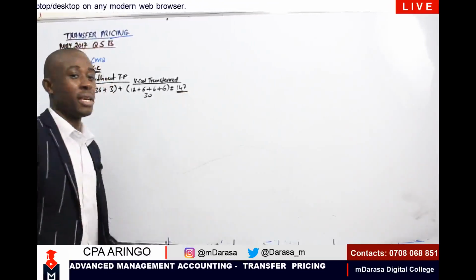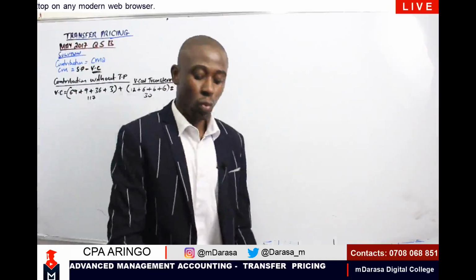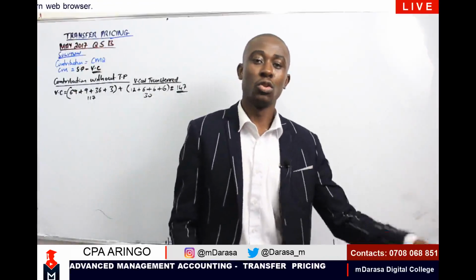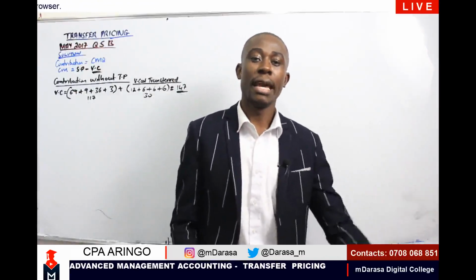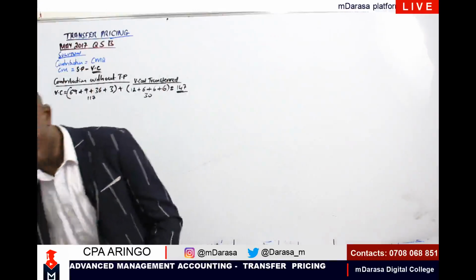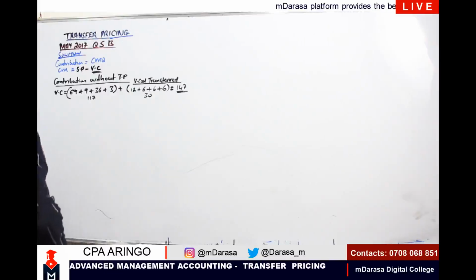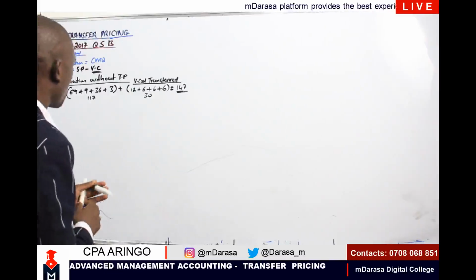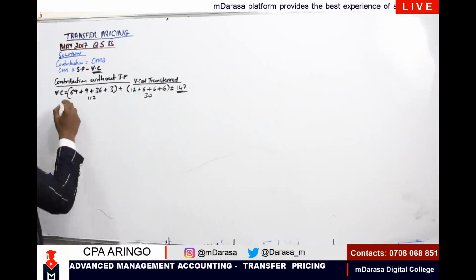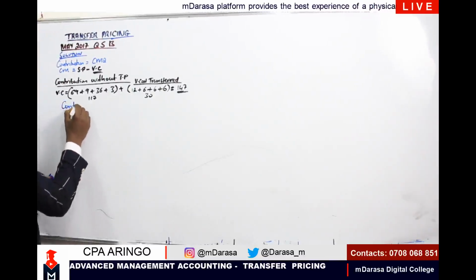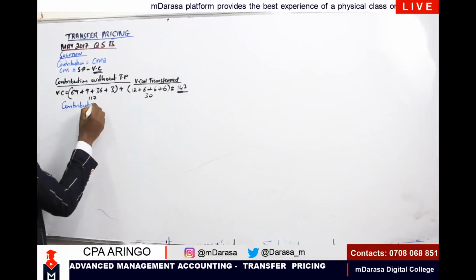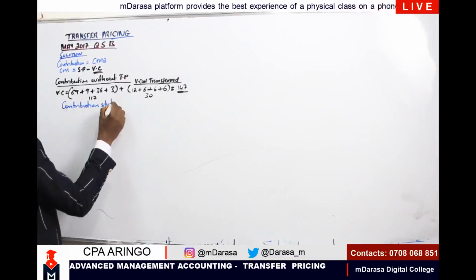So this should be our variable cost without considering transfer price. The moment we have that, you can now proceed and determine our contribution for each proposed demand level. So that should take us to our contribution statement. Look at our contribution statement here.